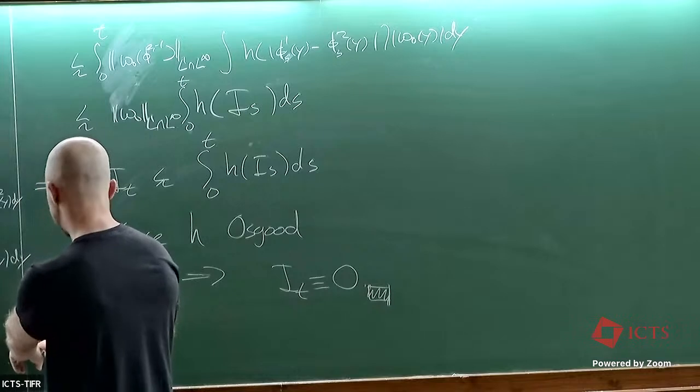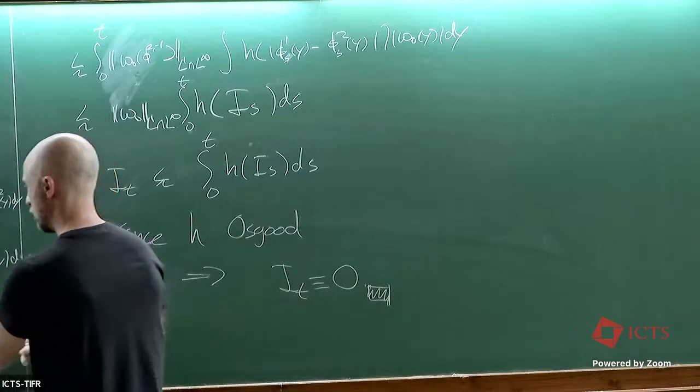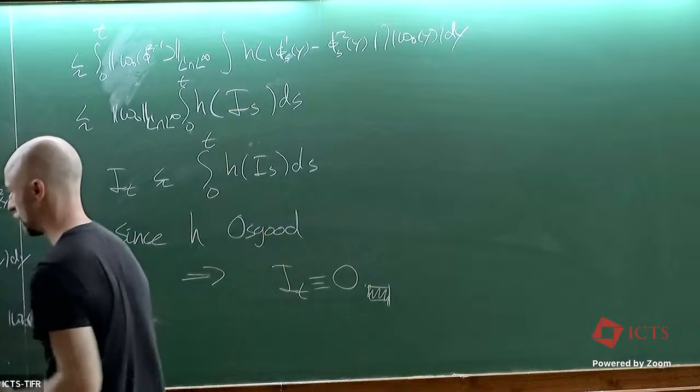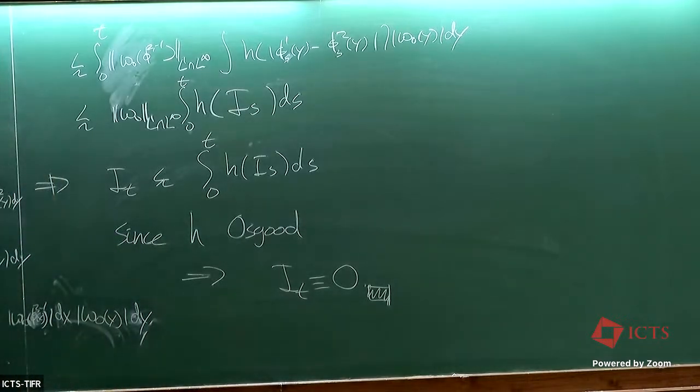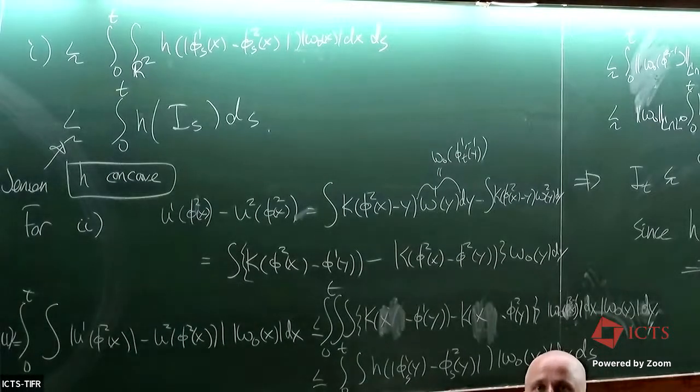So you can say now that this is bounded by h of the difference. Okay, let me write it here. So now this should be bounded by the integral from 0 to t, integral of h of phi 1 y minus phi 2 y. Right? And now this is integrated against phi naught of y dy and then ds. It's fine now, right?